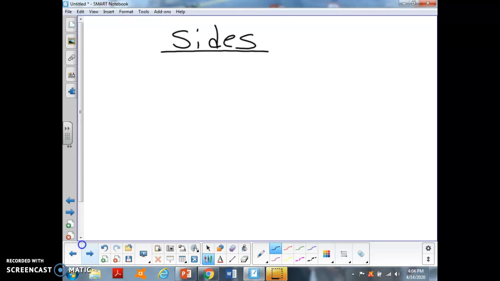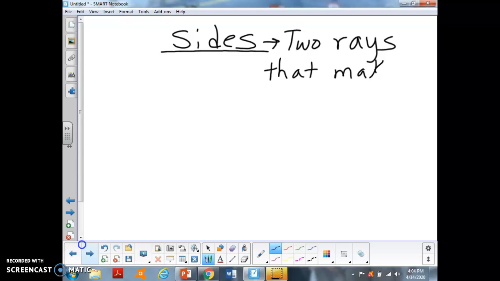Okay. Your sheet will ask you to label the sides of an angle as well. Okay, the sides are the 2 rays that make up the angle.